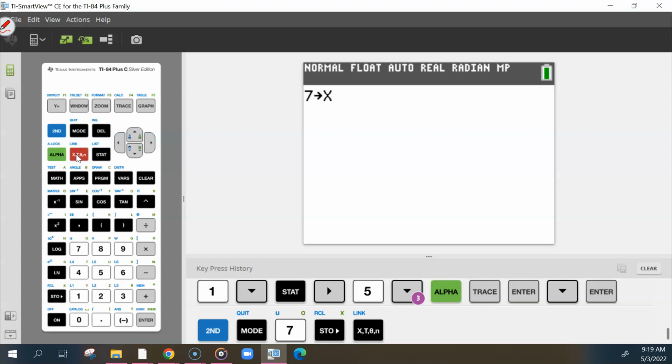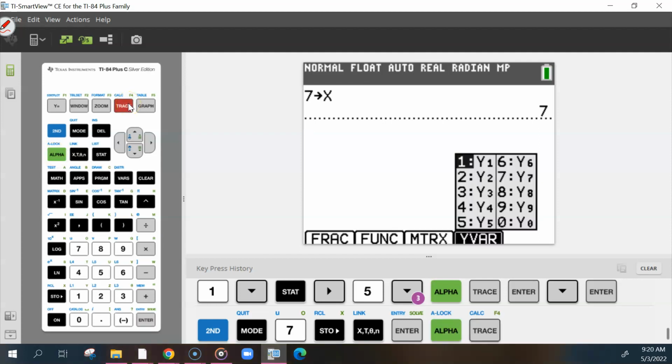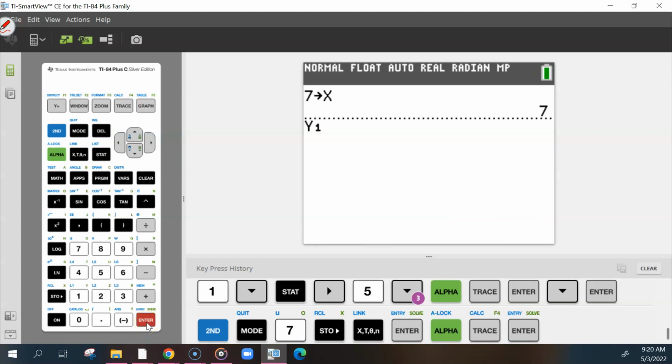So 7, this STO with the arrow, and then x, and hit enter. So that we've now stored 7 as our value of x. And then I'm going to go back and grab that equation, so alpha trace. Wherever you put yours, grab it, or hit enter at that number, and then hit enter again. Because then it will put your x value in for that equation and solve it.